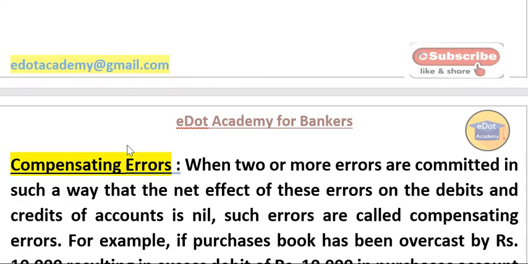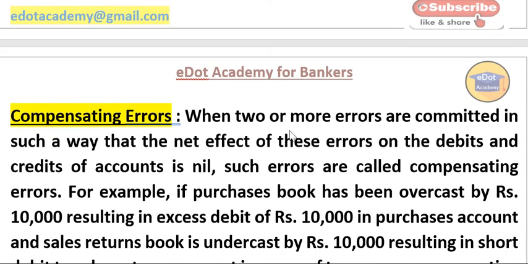Now moving ahead, next, compensating error. When two or more errors are committed in such a way that the net effect of these errors on the debit and credit account is nil. Right, means we are committing mistakes in such a way that one error is neutralizing the other error.